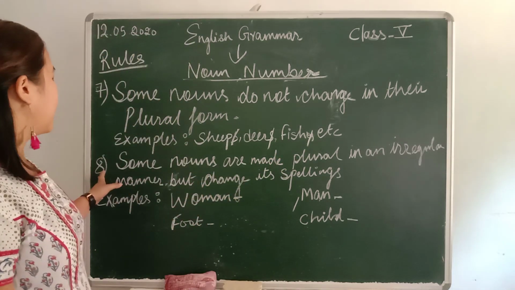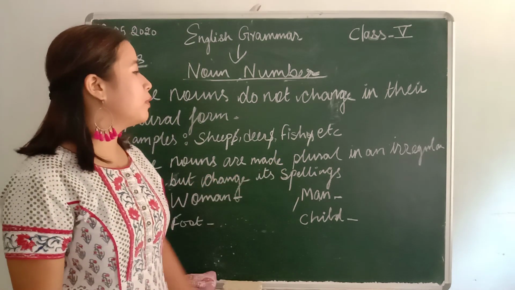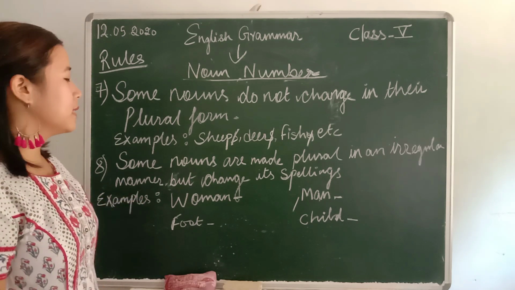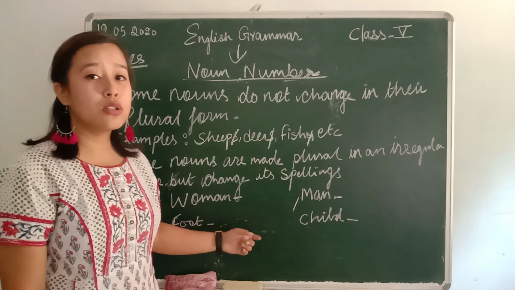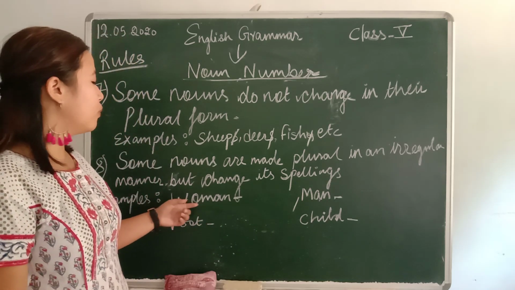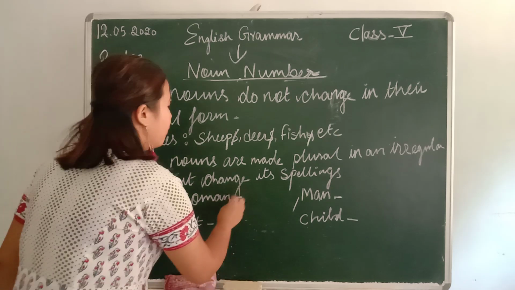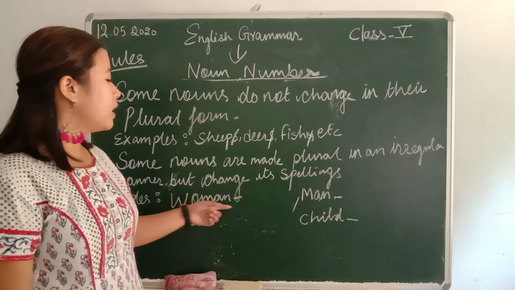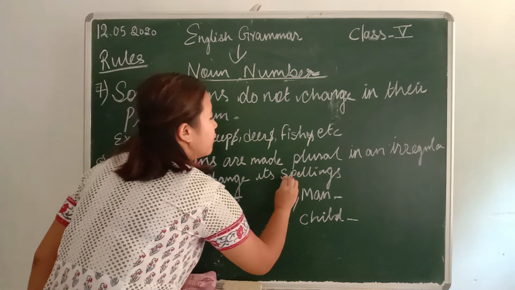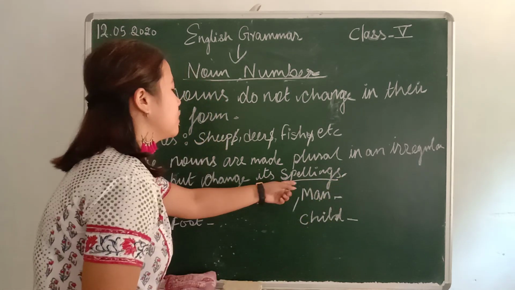So rule number 8: some nouns are made plural in an irregular manner and change their spellings. There are also some words that have a singular form. So woman, when we change from singular to plural, the spelling will be changed.